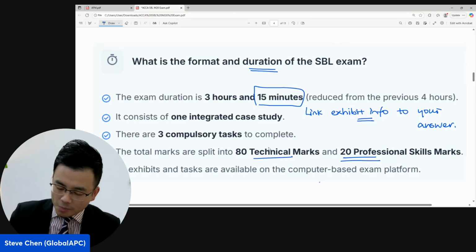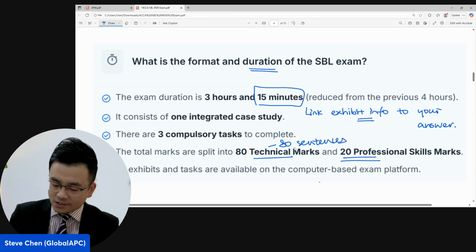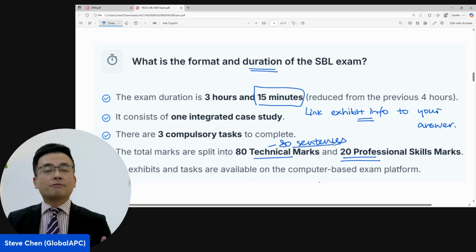Now, 80 technical marks means they need to write about 80 sentences. The length does not really matter, but into how many points?